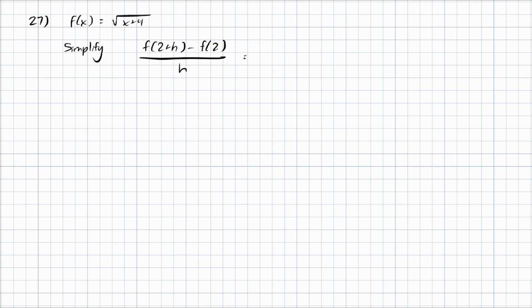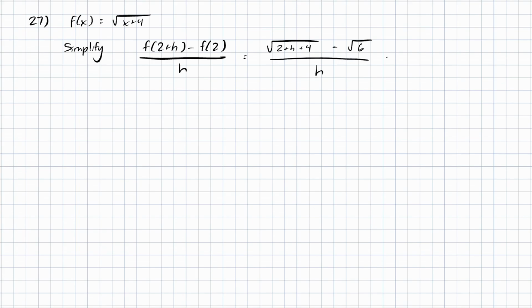This only looks like fundamental theorem calculus, but regardless of what it actually is, doesn't matter. Just plug it in and solve from there. So f of 2 plus h, right? That is square root of 2 plus h plus 4. And then f of 2 is simply square root of 6. And then h will just be h.